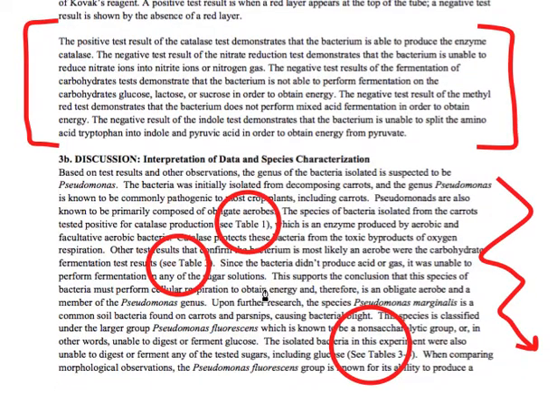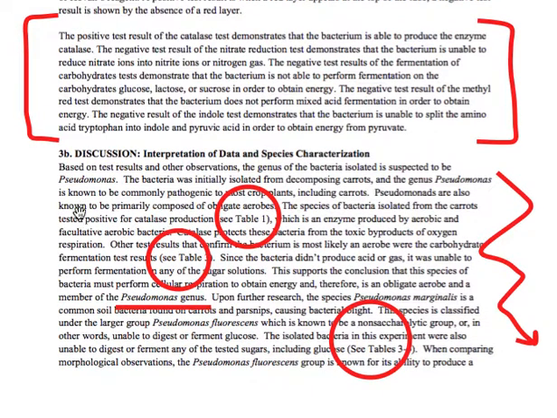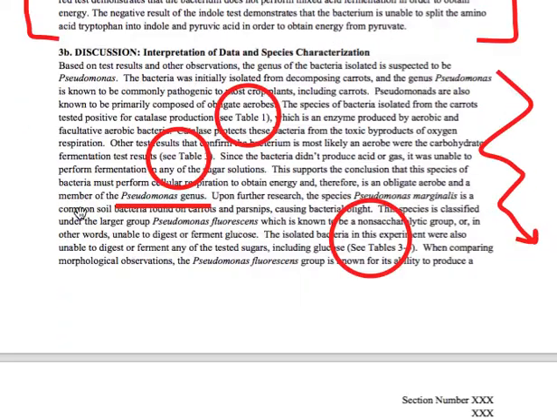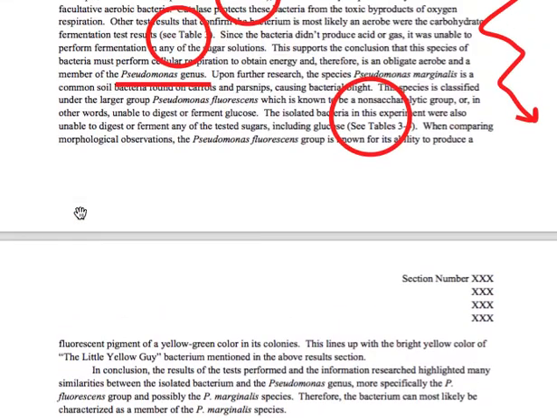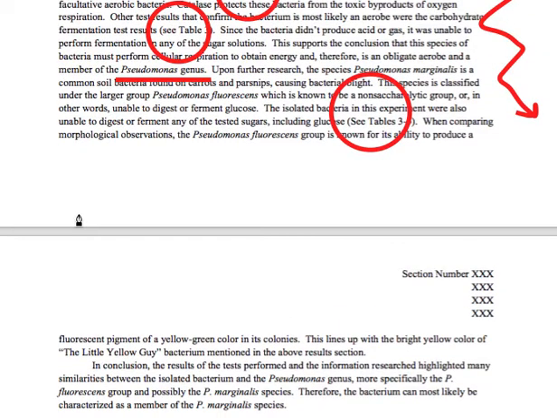So that's where the discussion goes in, and it's basically like, here's what we got, here's our most likely genus in this case, and this is why. The evidence for why we believe our hypothesis is correct lies in these results, and that's our evidence.